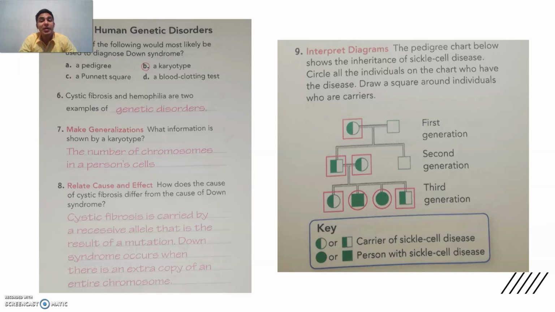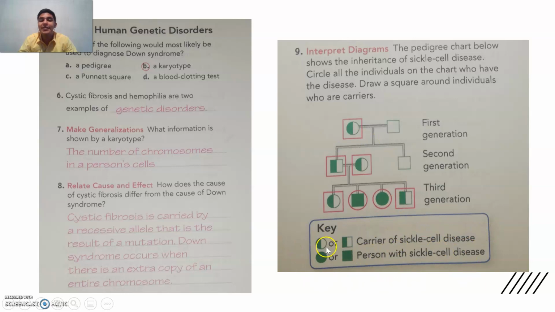Alright, so important to remember: circle the individuals that actually have the disease, and the ones that only carry the disease but don't have it, we have to use a square. So we have to analyze what we have right over here.